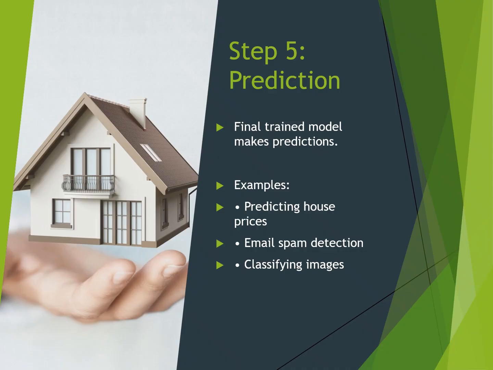The last step is, once the model is trained and evaluated, the model is actually ready to use. This is where machine learning actually becomes functional. A model can predict, for example, the price of a house if you give it the land square feet, the area, the locality, and everything.